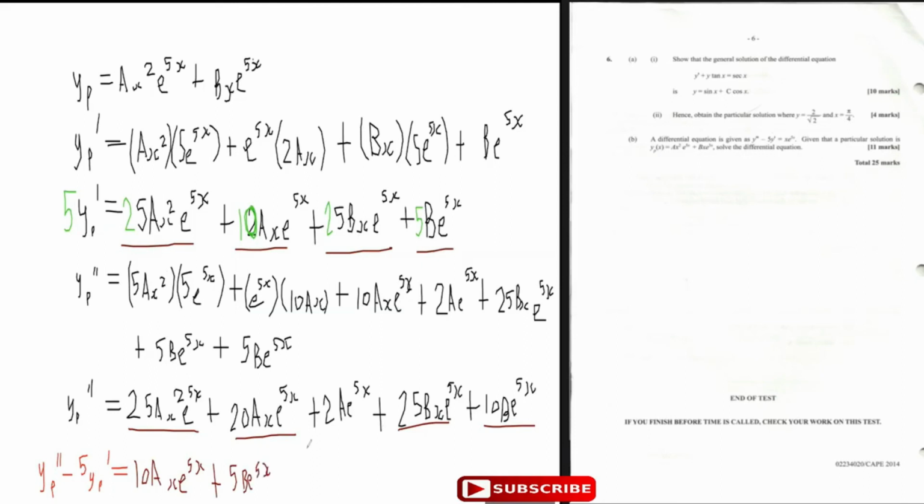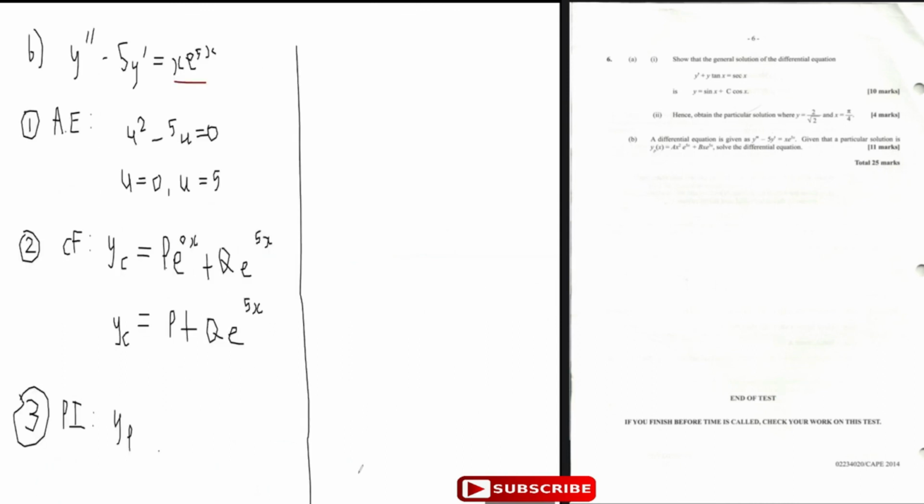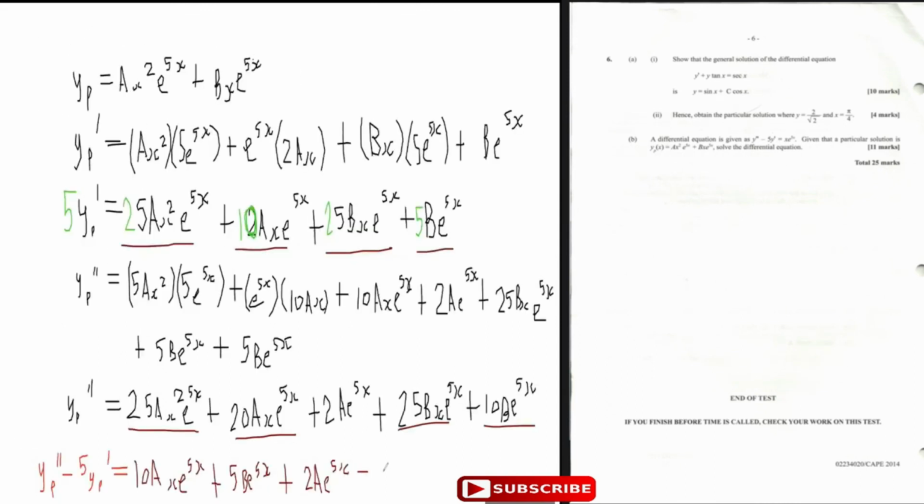I have plus 2ae to the 5x. And of course, the question had said that all of this is equal to xe to the 5x. So we can write that around here, that this is equal to xe to the 5x. Nice.